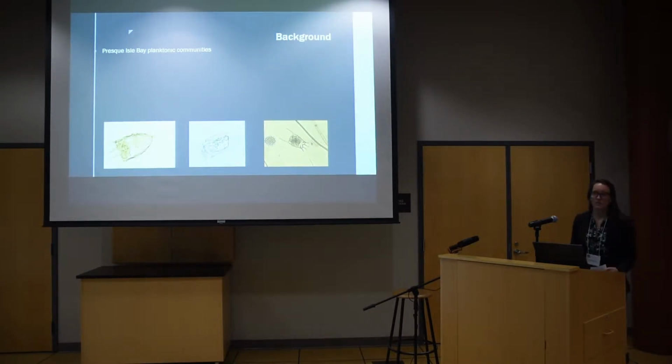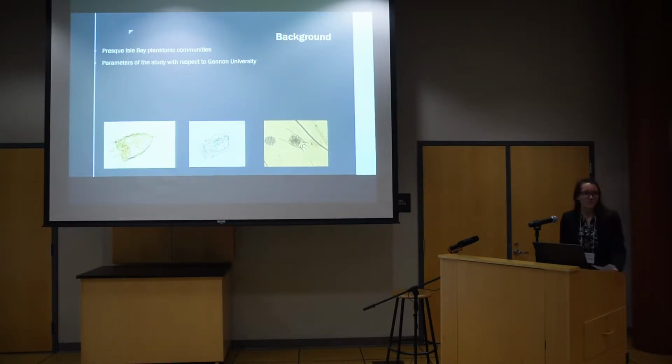But with zooplankton, you have grazers, predatory, and so with the focus of this, you have Keratella cochlearis, Polyarthra, and Keratella quadrata. And so I'm focusing mostly on the middle one, the Polyarthra, but they all play an important role with respect to the total planktonic community.